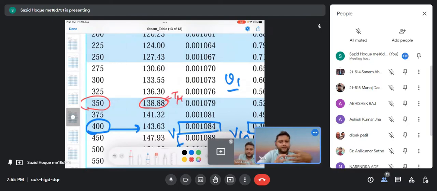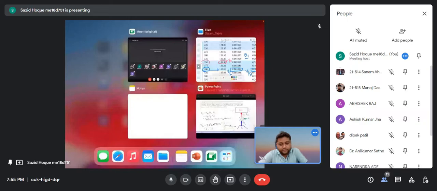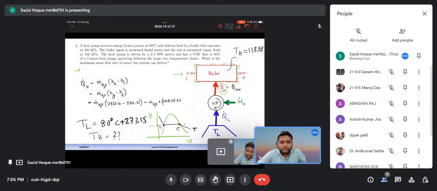So the heat pump is delivering heat at a temperature inside the boiler, which is 138.8. Okay, so this TH is 138.8.